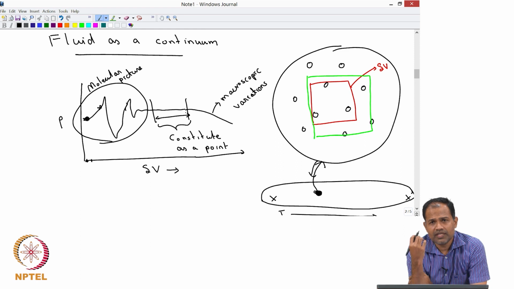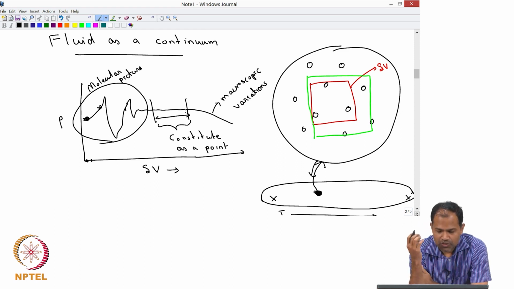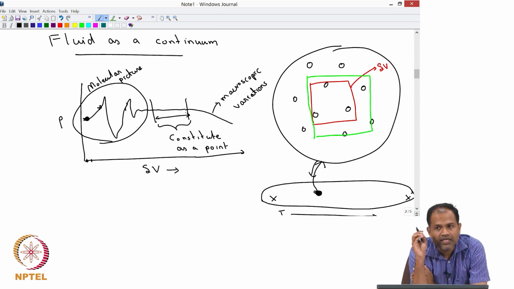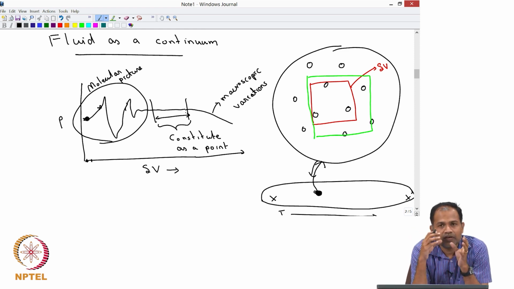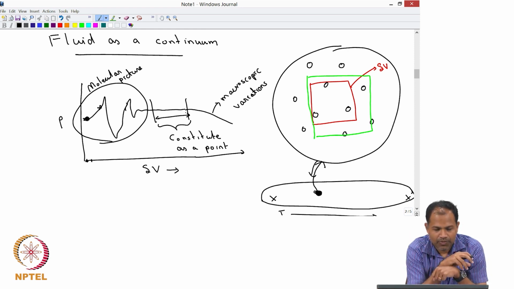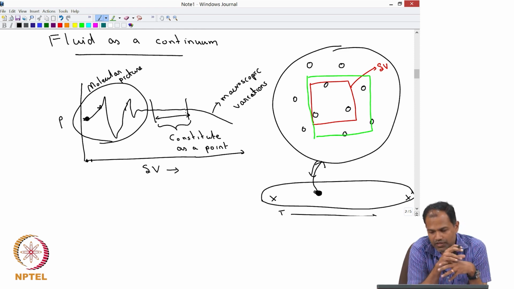So any property that you assign to a particular point, that point will have enough number of molecules that you will not see any fluctuations because of the fact that it is constituted by discrete entities. So that is the definition of a continuum, and we will treat fluid as a continuum.